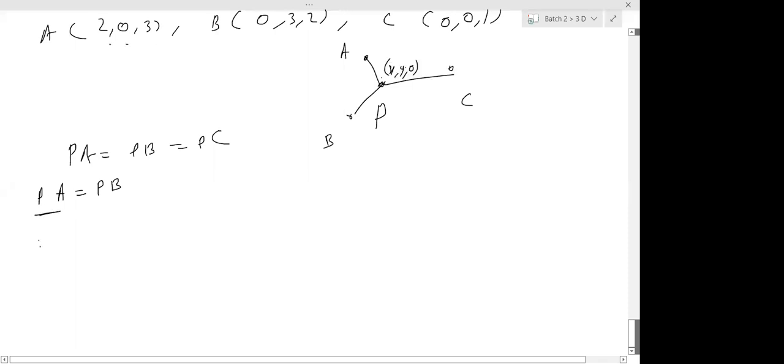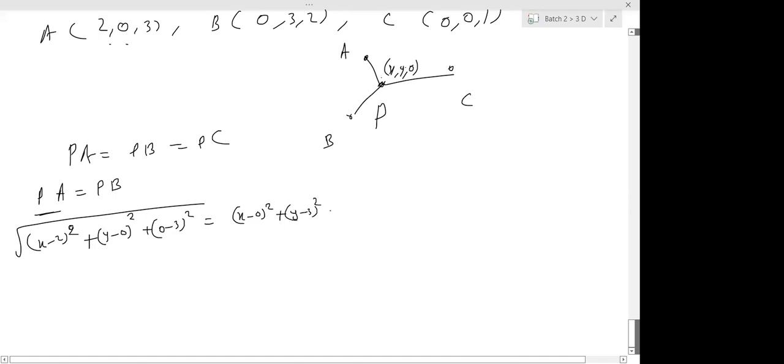So PA will be the square root of (x minus 2) whole square plus (y minus 0) whole square plus (0 minus 3) whole square, which equals PB, the square root of (x minus 0) whole square plus (y minus 3) whole square plus (0 minus 2) whole square.